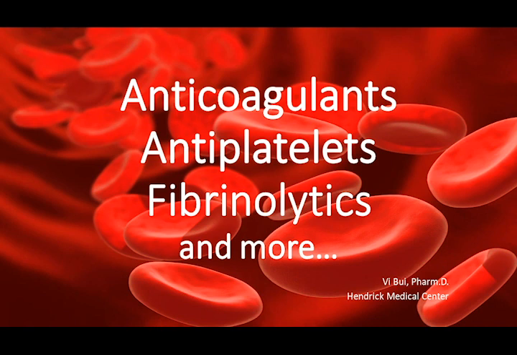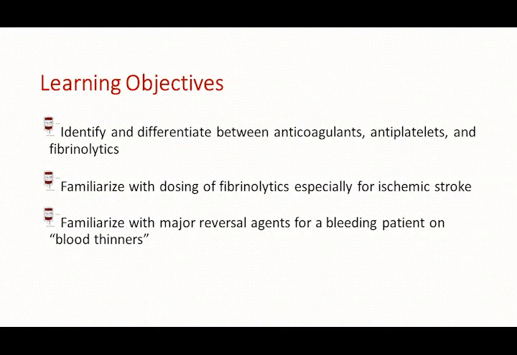So for today, we'll be talking about different anticoagulants, antiplatelets, fibrinolytics, and at the very end, we'll touch on a little bit on strategies to reverse these agents in a bleeding patient. So just to give you guys an overview of how this lecture is laid out, we'll first identify and differentiate between the differences between all the anticoagulants, antiplatelets, and fibrinolytics.